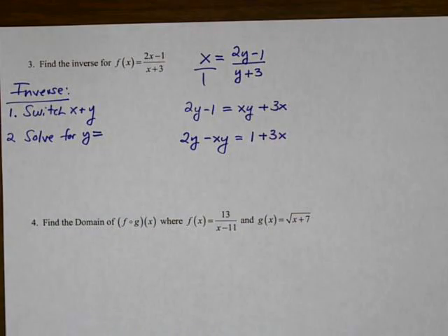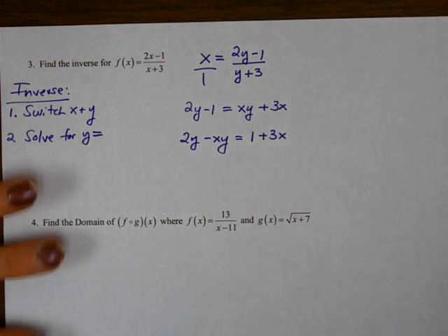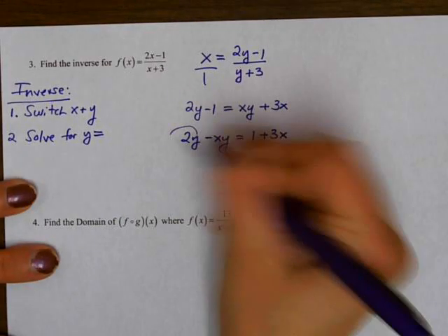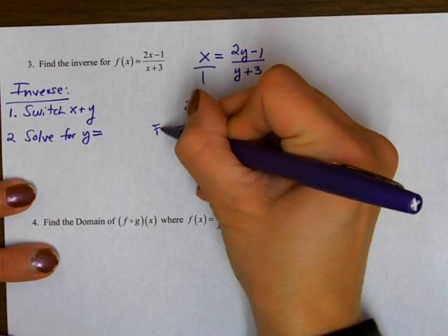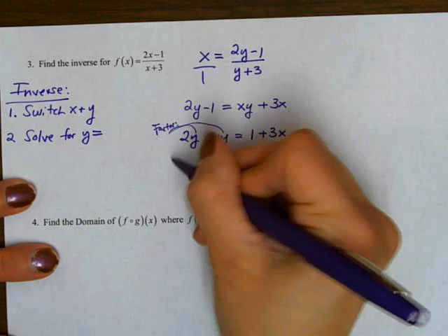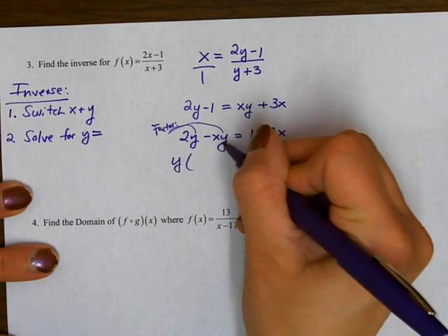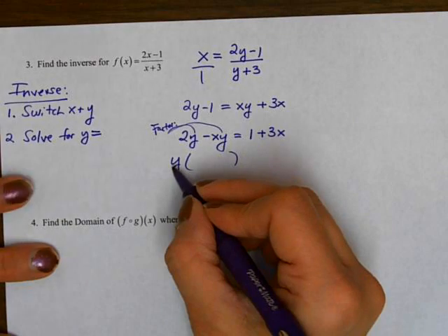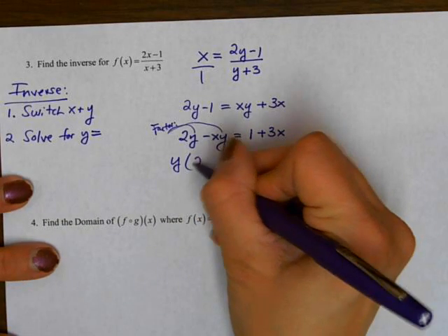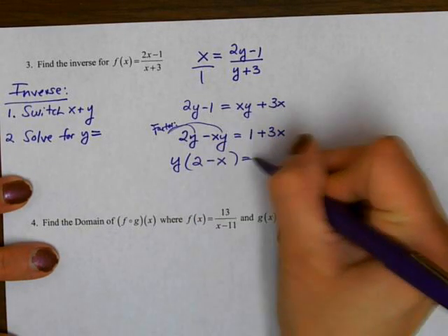Now how do I get them together? Come on, what's the answer to everything in my class when you guys get stuck? You factor. We're going to factor out the y. Well, how is that going to get them together? Oh, I see. Now it's just 1y. And then that would leave us with a 2 minus x.